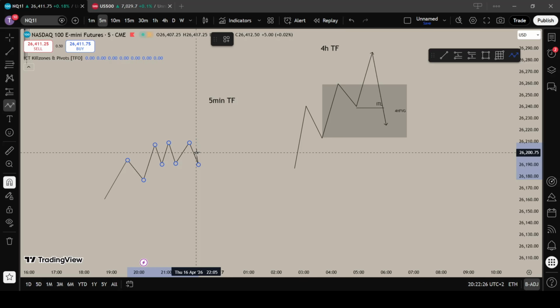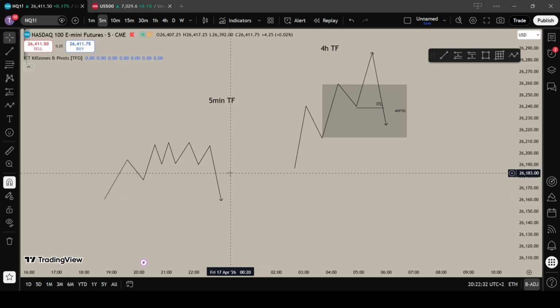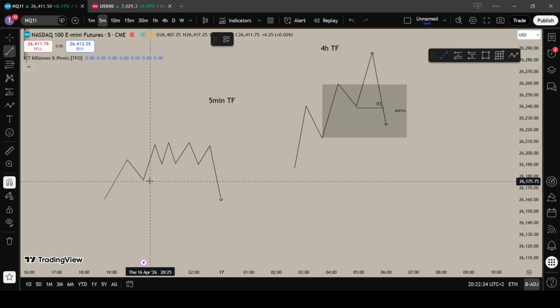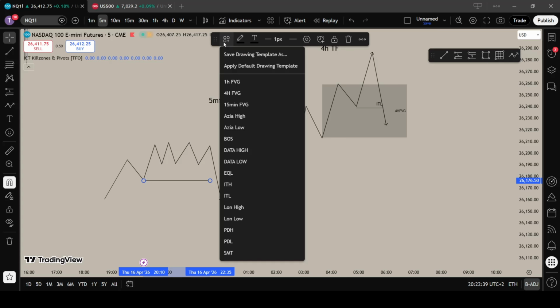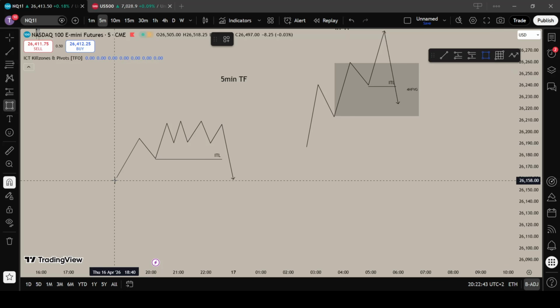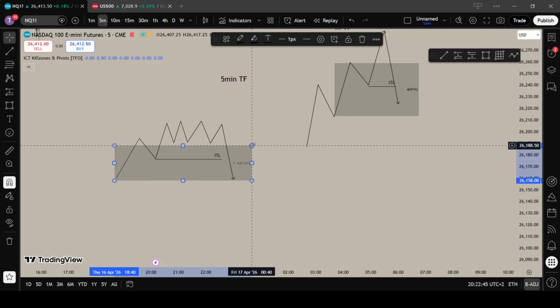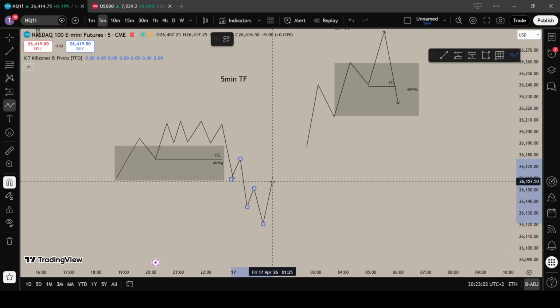And then we enter in this 4-hour gap that we created with this intermediate low over here, or we can say it was the intermediate low with London lows inside of that gap. And now what do we wait for? We wait for the fair value gap to be inversed, and we inverse the gap right here.